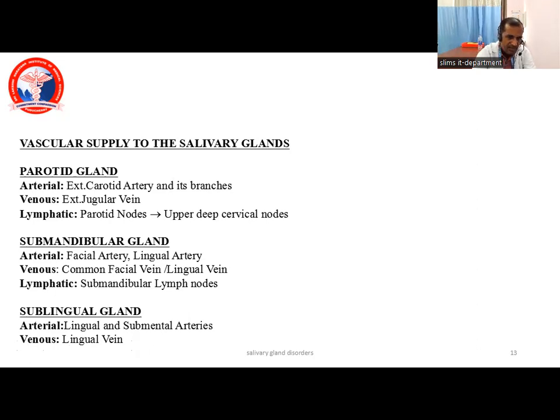The submandibular gland is supplied by the facial artery and the lingual artery. Venous drainage is the common facial vein or the lingual vein. Lymphatic drainage is through submandibular lymph nodes. For the sublingual gland, the lingual and submental arteries and the lingual vein. Clear?